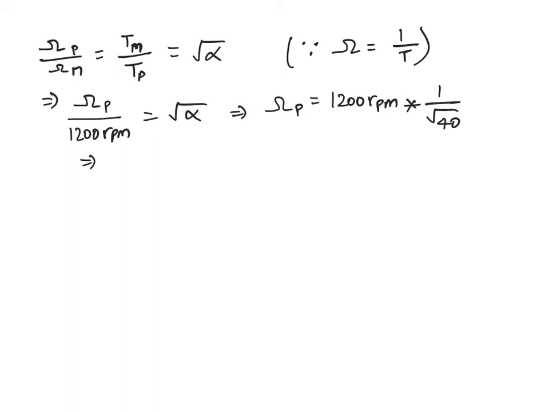Thus omega P is equal to 1200 by root 40, which is approximately 190 rotations per minute.